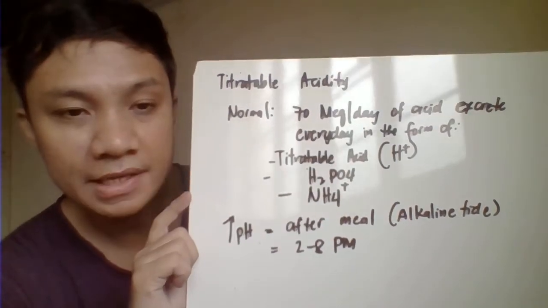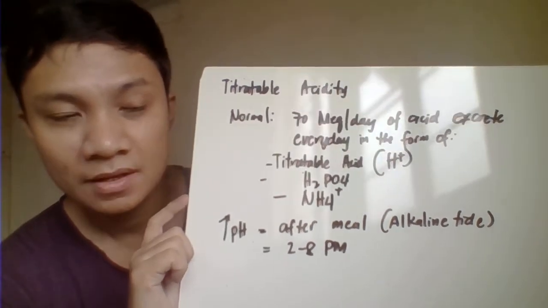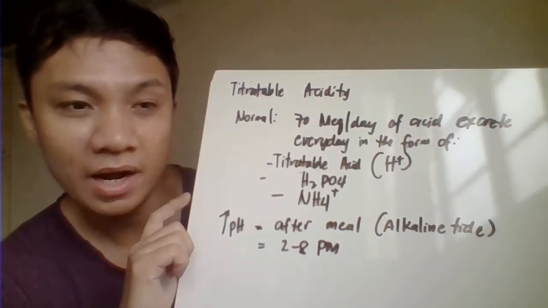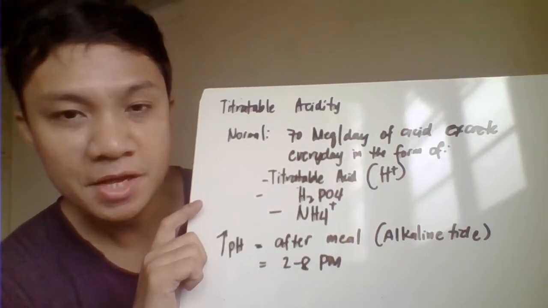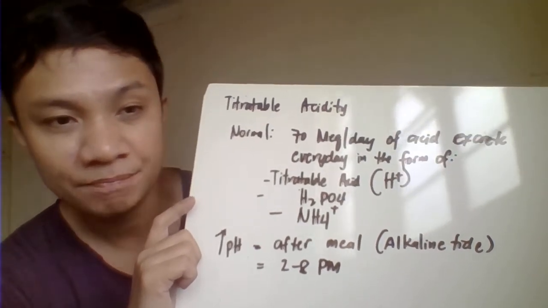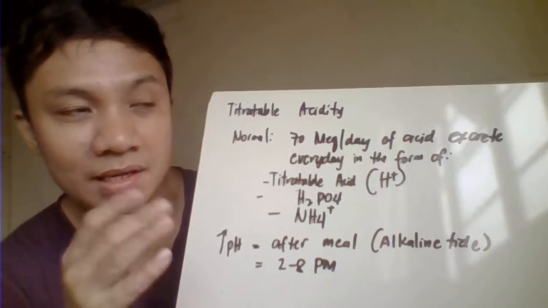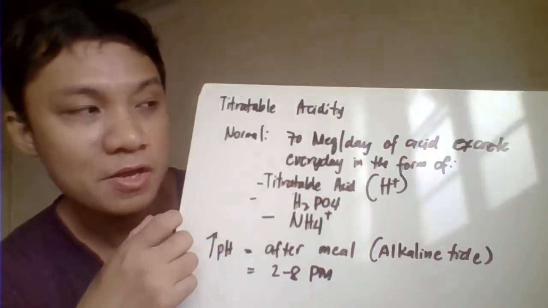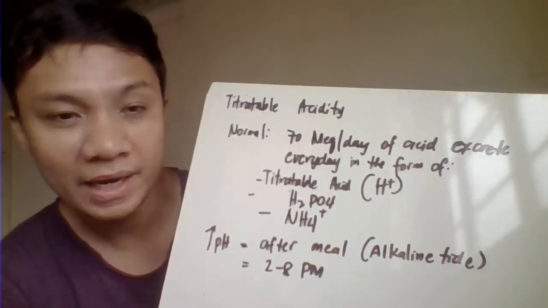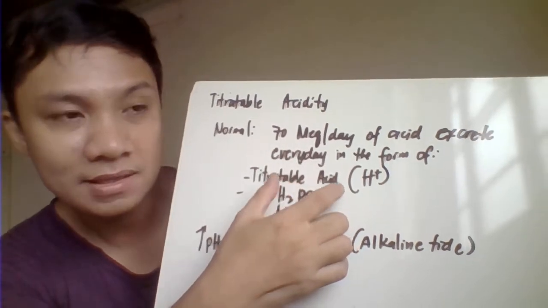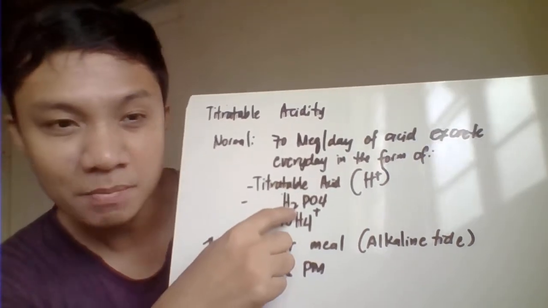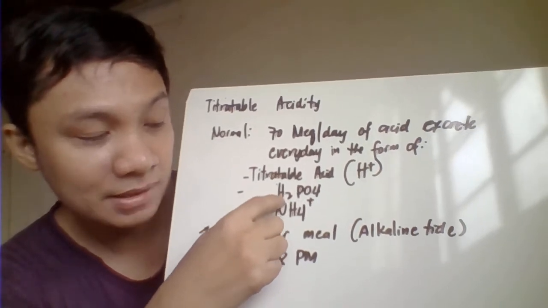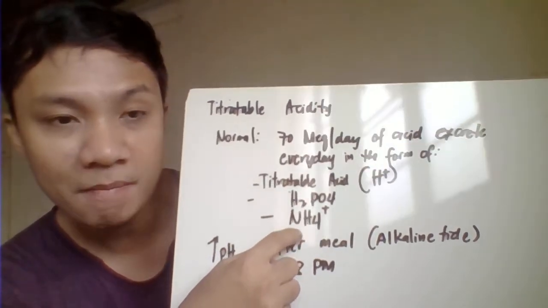Okay, then we have your titratable acidity. So, basically, every day, we are excreting approximately 70 mEq per day of an acid. So, nililabas natin na acid sa katawan natin 70 mEq per day in the form of what? So, itong mga acid natin, titratable acidity, your hydrogen ion concentration, your dihydrogen phosphate, tama ba? Dihydrogen phosphate, and your ammonium ions.